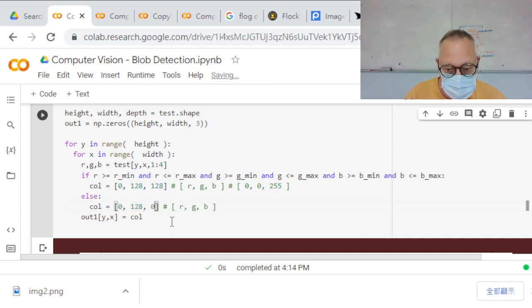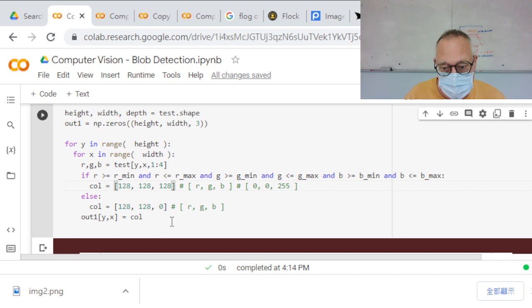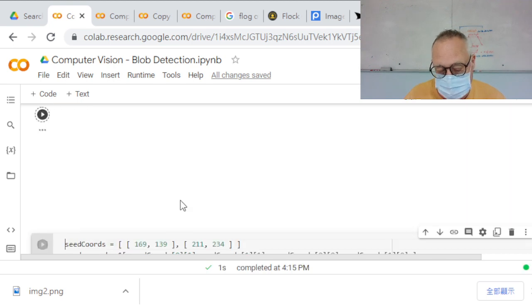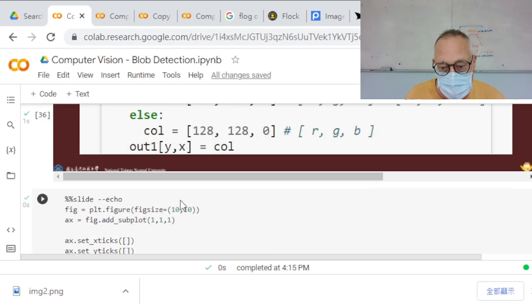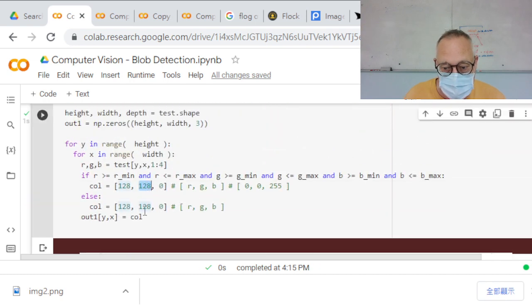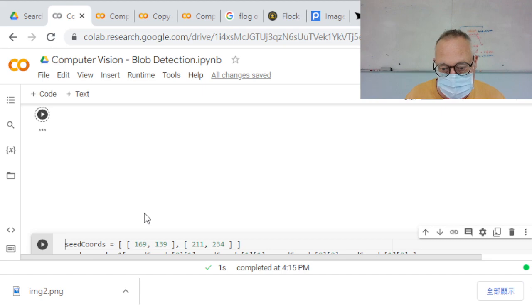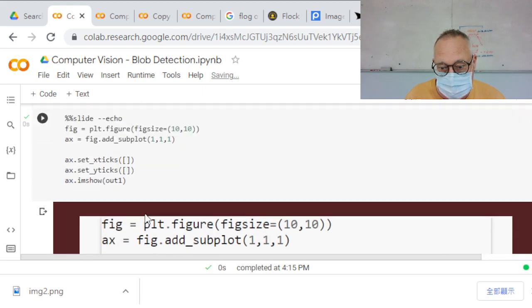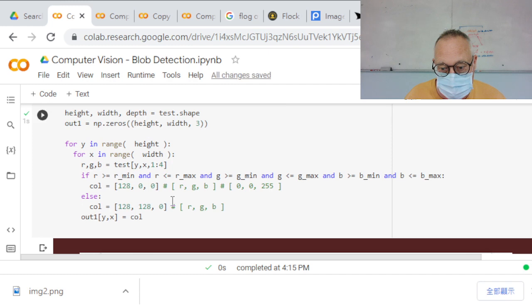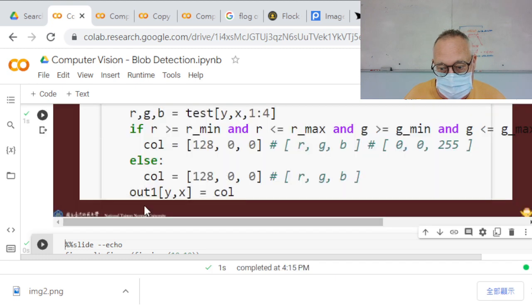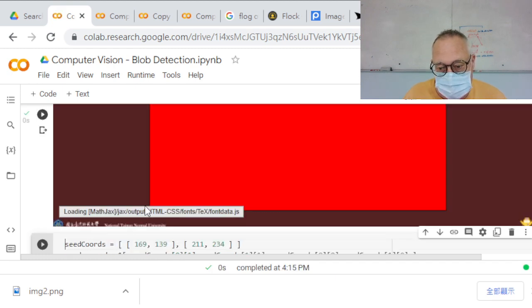Oh, this should be yellow then. Right. Yeah. So this is red.